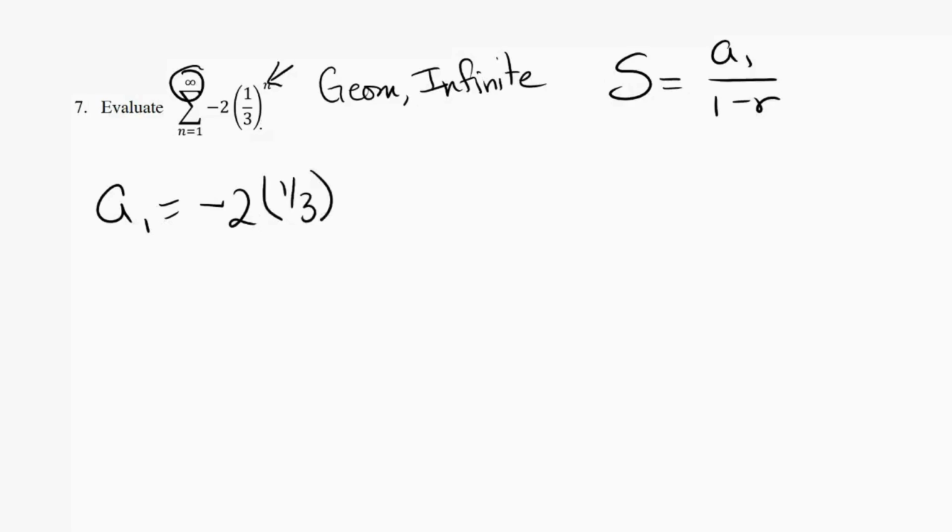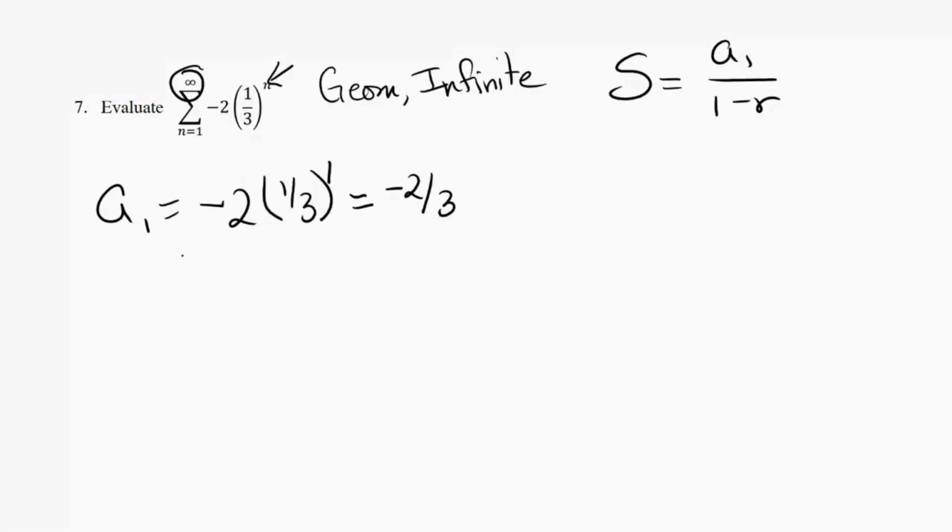So we're going to do negative 2 times 1/3 to the n power, and we're going to start off with 1, which is 1/3 to the 1 power is 1/3 times negative 2 is actually negative 2/3. Hey, the first term isn't negative 2. That doesn't always happen. So, be safe. A lot of students look at this and say, oh, the first term's negative 2, and then they get it wrong. Plug in your lowest value, which is always 1, and then you can go from there.